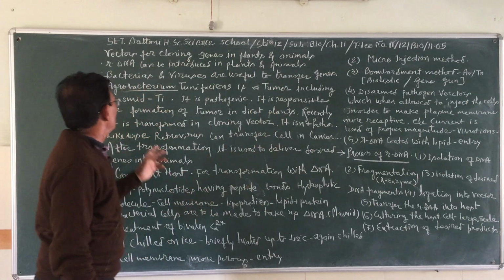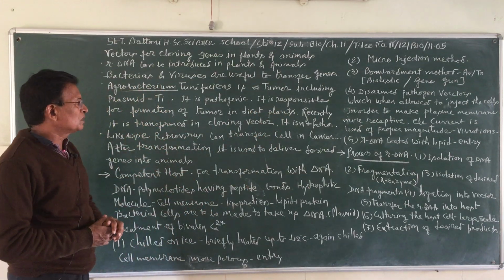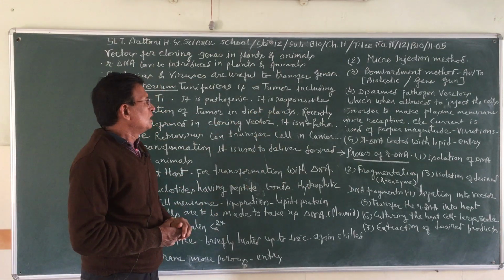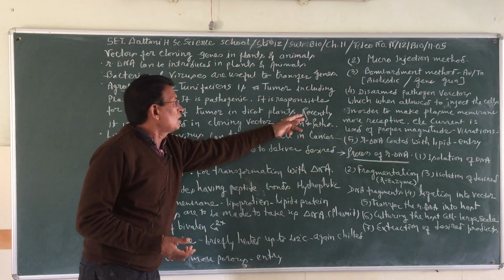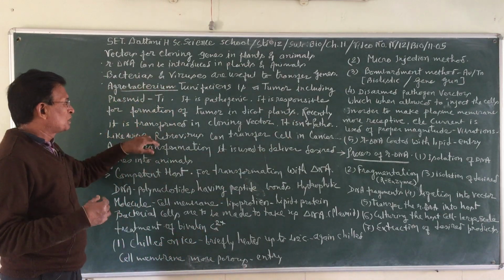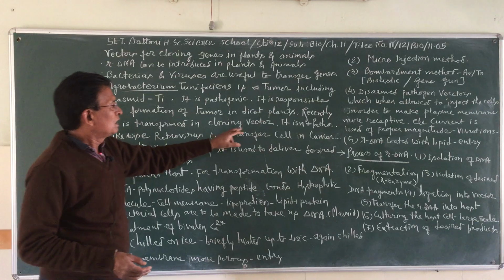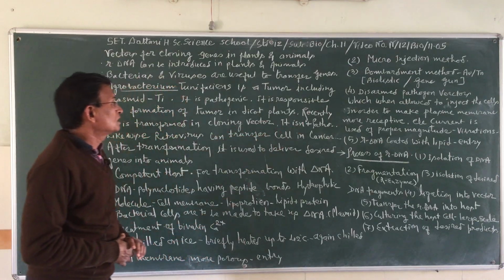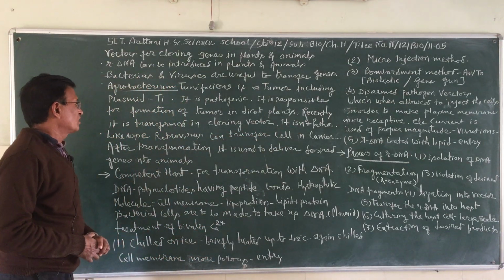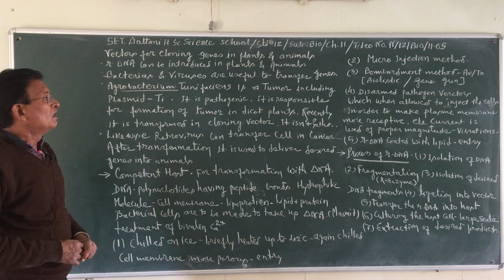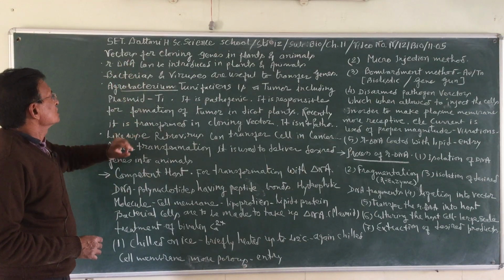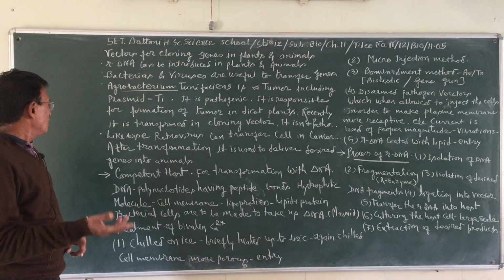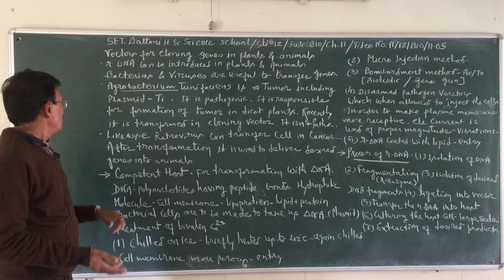It is responsible for the formation of the tumor. Now, recently, it is transformed into the cloning vector, and it isn't pathogenic, so it is very beneficial for us to have the cloning of vectors into the plants.